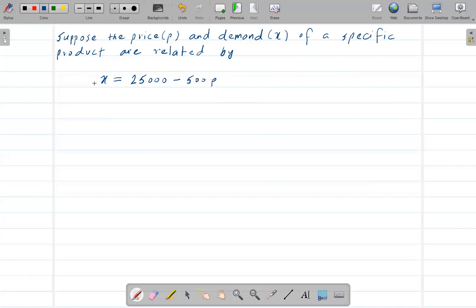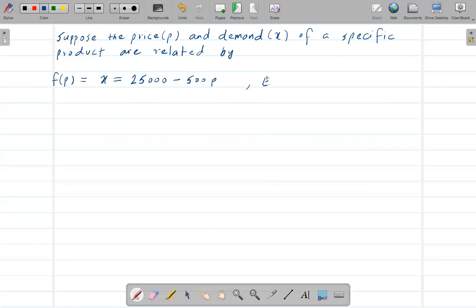So as I said, the demand is x, or we can also say that x is the same as f of P, because we said the demand, we can also write demand as f of P, because the demand depends on the price.